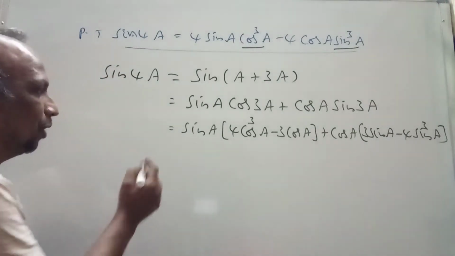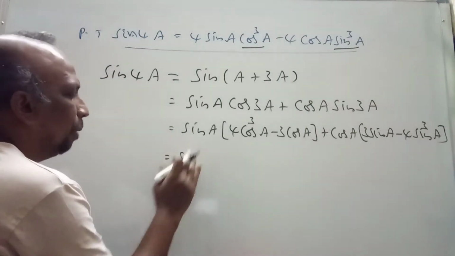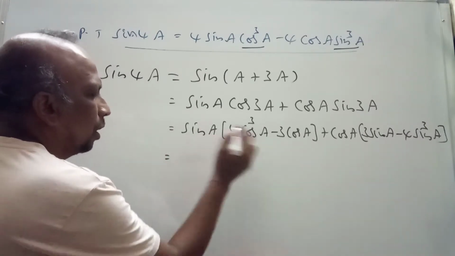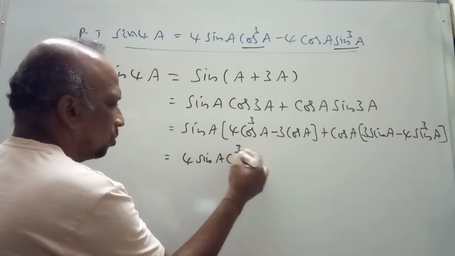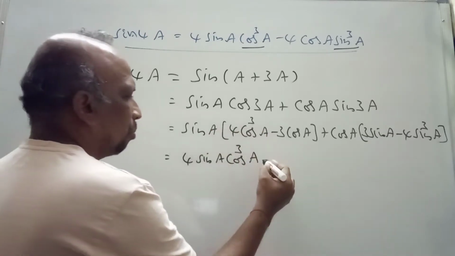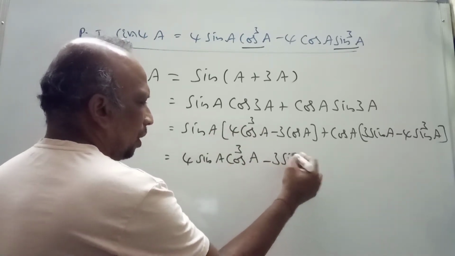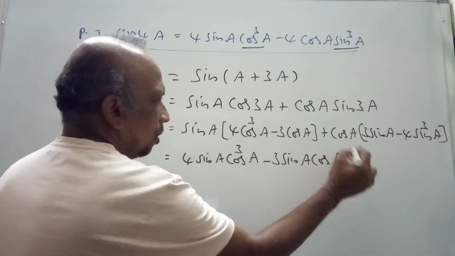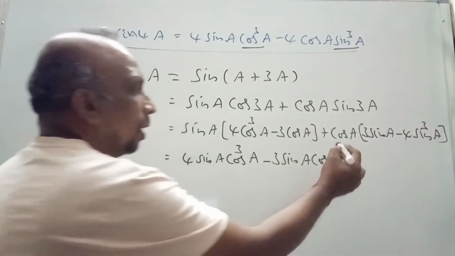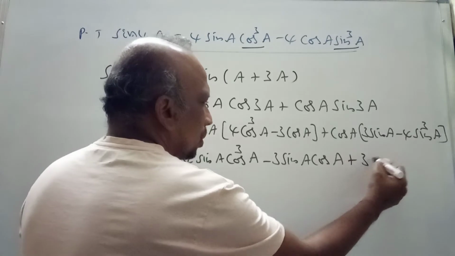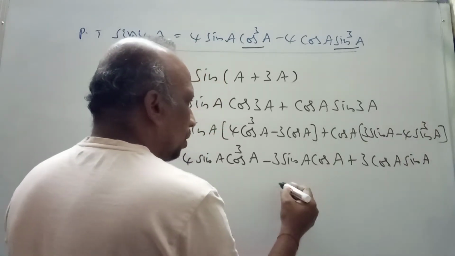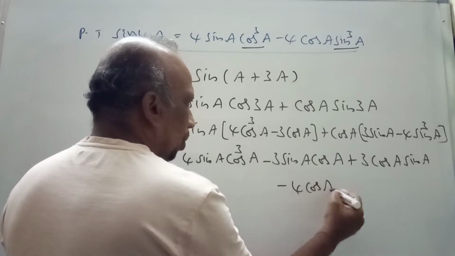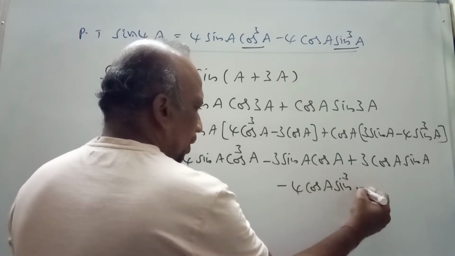Now I can simplify by multiplying. You will get 4 sin a cos cube a minus 3 sin a cos a, and then 3 cos a sin a minus 4 cos a sin cube a.